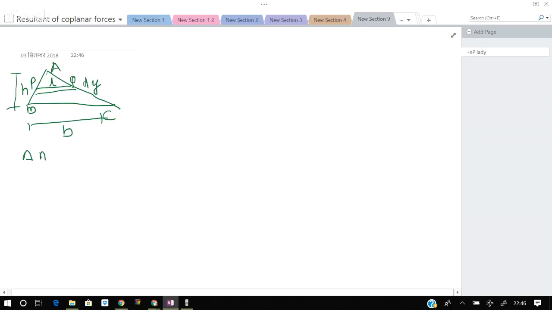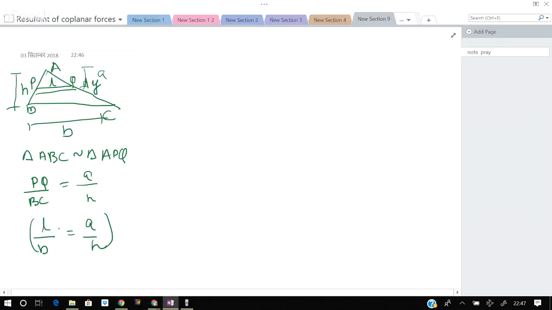So we know that triangle ABC is similar to triangle APQ. Then we can write over here that PQ upon BC is the same as the vertical height over here. Let us consider as A, that is A upon H. So PQ is the length which is L, BC is the length which is B, is equal to A upon H, the vertical length.